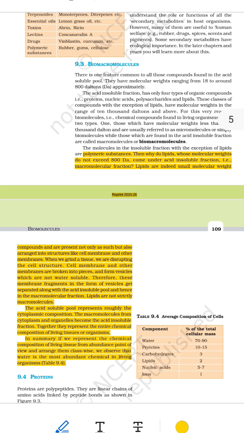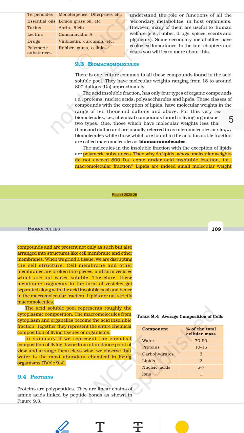Why are lipids in the acid-insoluble fraction? Lipids are small molecules, usually under 800 Daltons, so they should dissolve in the acid like other small molecules. However, inside cells, lipids don't exist as individual molecules. They are arranged in structures like cell membranes.